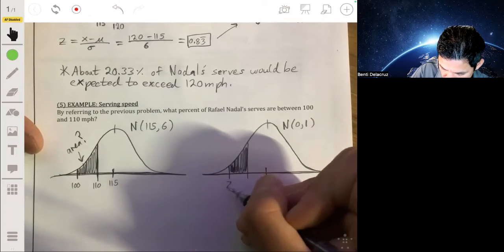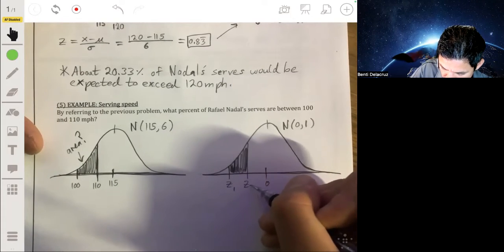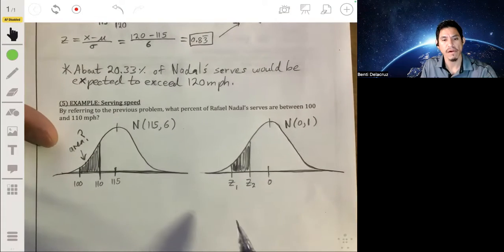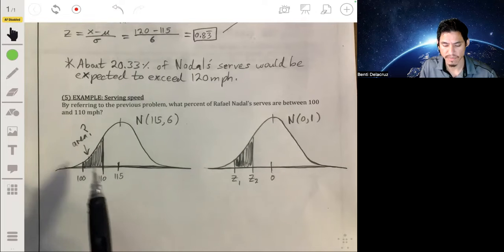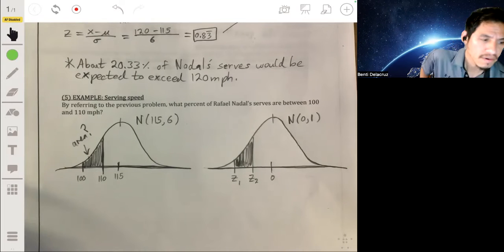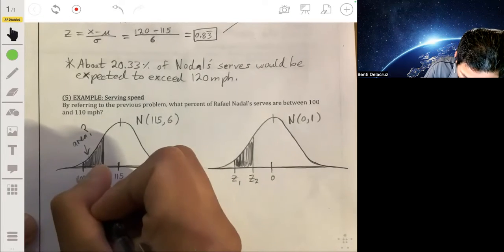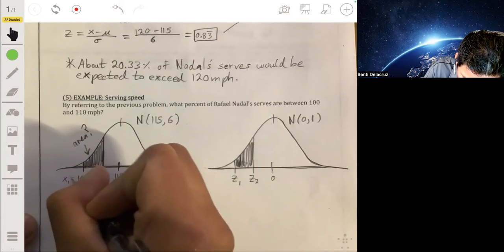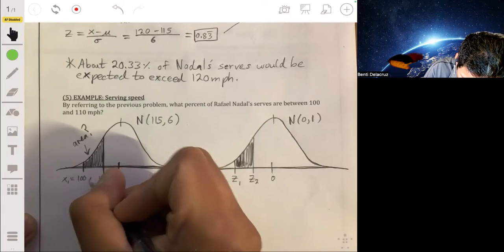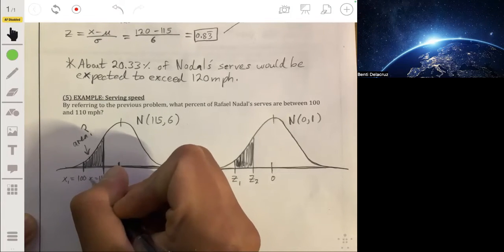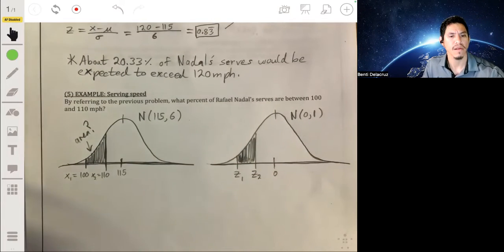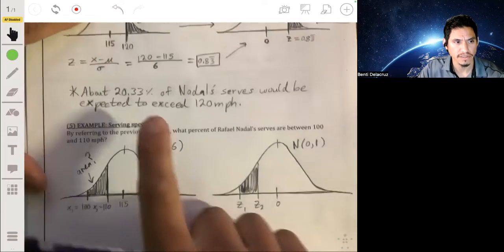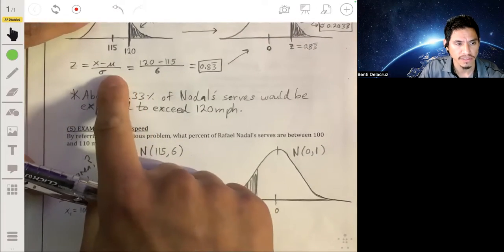I like to call that one Z1 and that one Z2. So first we just need to match them up. We'll call this 100 our X1, and this will be X2. So we use again our Z-score formula.